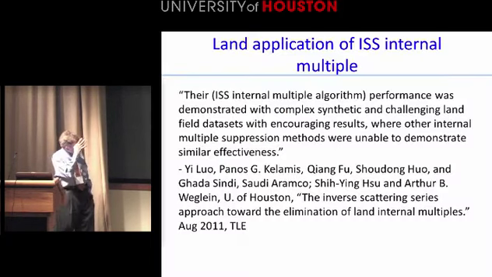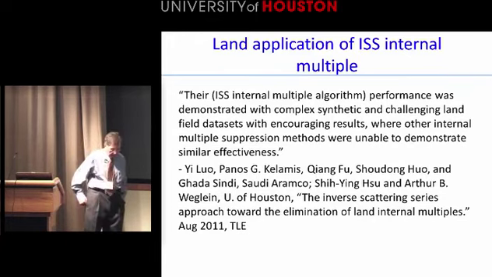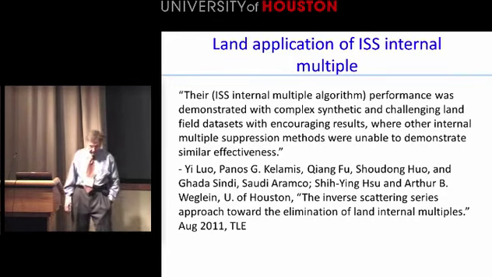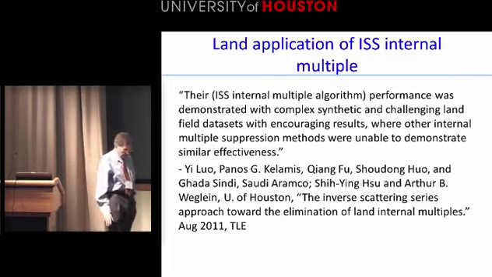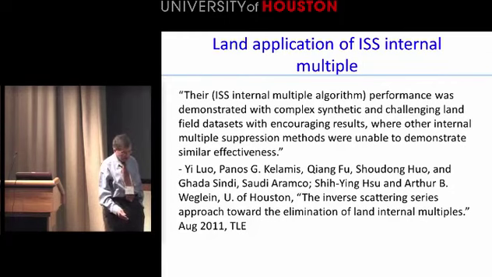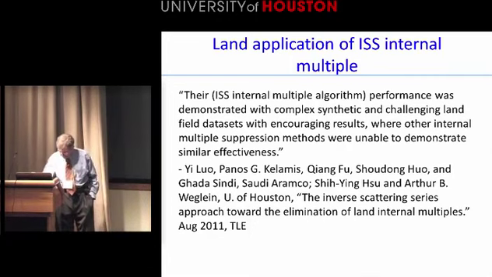Similar for land applications. These are reports from Saudi Aramco, Chung Fu et al., Yi Lo et al., that they tested many methods for internal multiples, and none were able to match the ISS in terms of effectiveness.